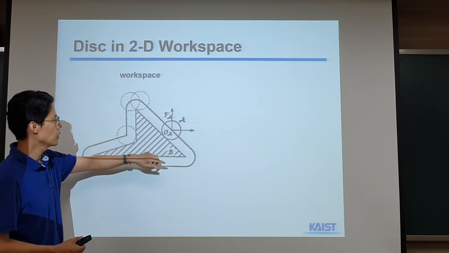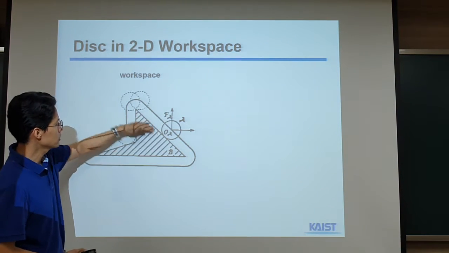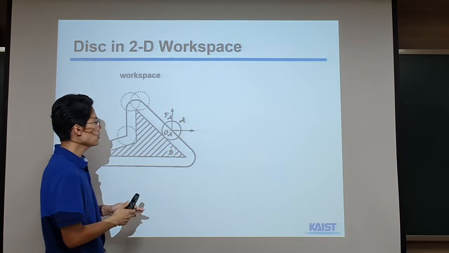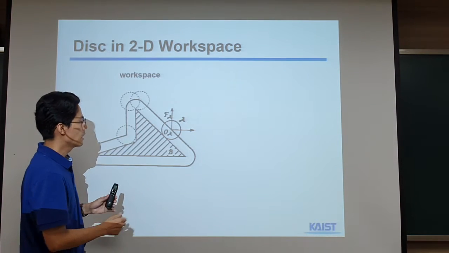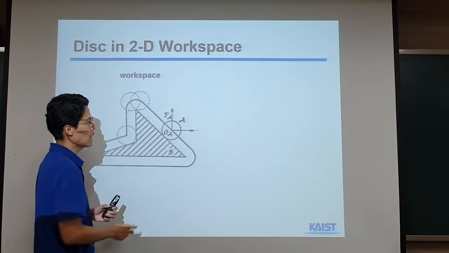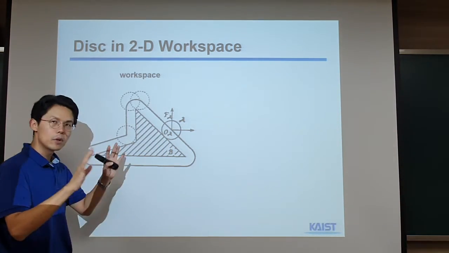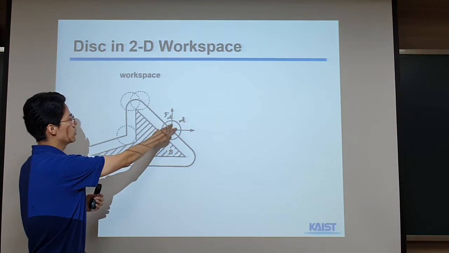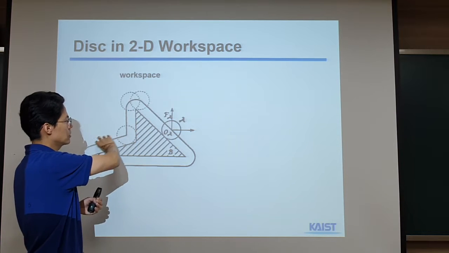Here we have an obstacle shown in a polygonal shape, and then we have this ball, the circle-shaped robot, and the center of the circle is our reference point. To compute the obstacle space, we can roll this circle along the boundary of the obstacle.